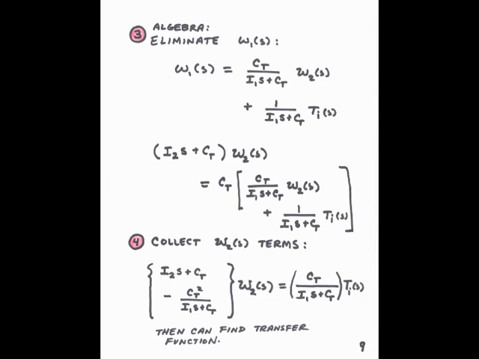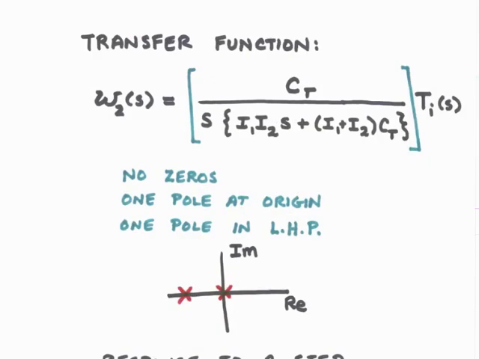And from here we need to divide through by the terms in the curly brackets. It's important to emphasize that there's nothing deep going on here. All we're doing is algebra to find omega 2 of s in terms of Ti of s. So after we complete the algebra, we find the following transfer function between the input torque Ti and the output angular velocity of disk 2.